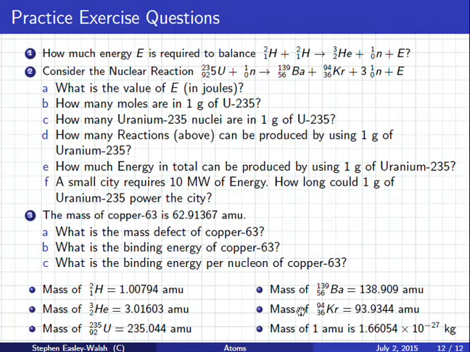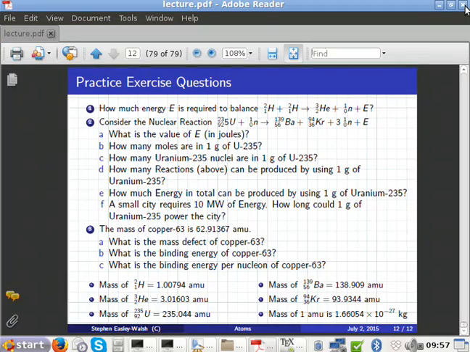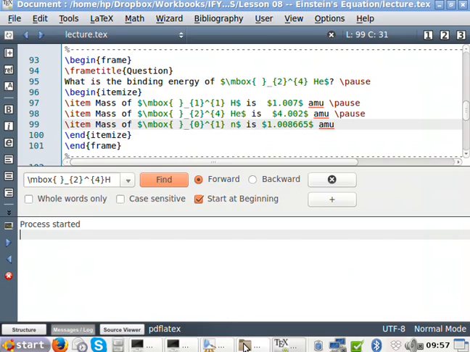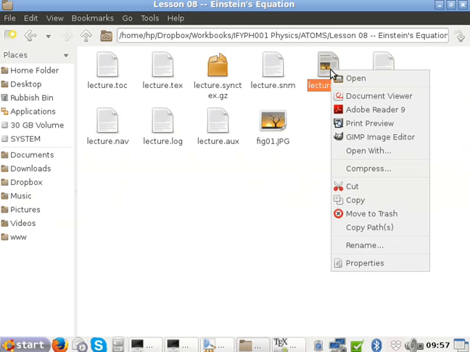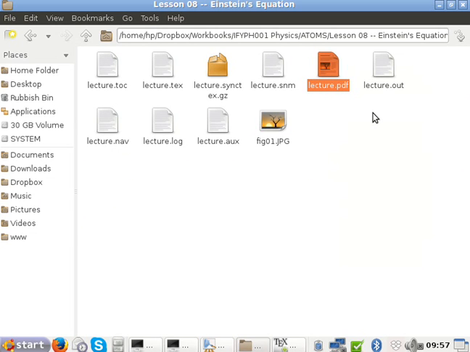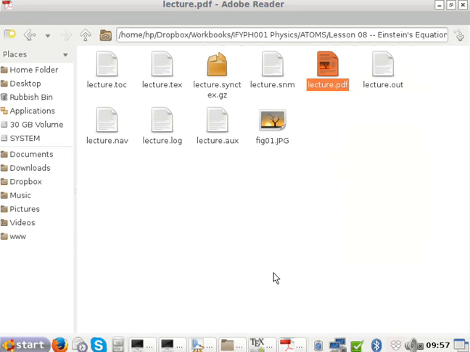So I'll just open this again. Now you get these questions on the exam, and I hope you don't find them difficult because they're quite short. In fact, you're only using one formula. What formula are you using? E equals mc squared. And that's it for all of these questions.